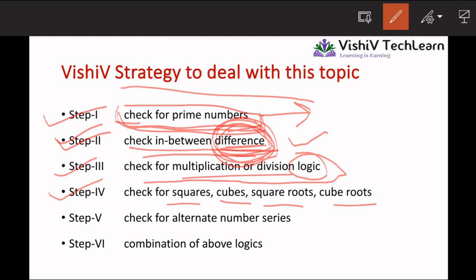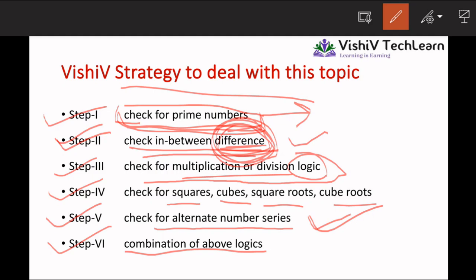If that is also not working, then check for alternate number series, where alternatively the logic can be applied. During practice we will see problems based on this also, so that you will be clear on it. And the last one could be a combination of the above logics. That may also happen.